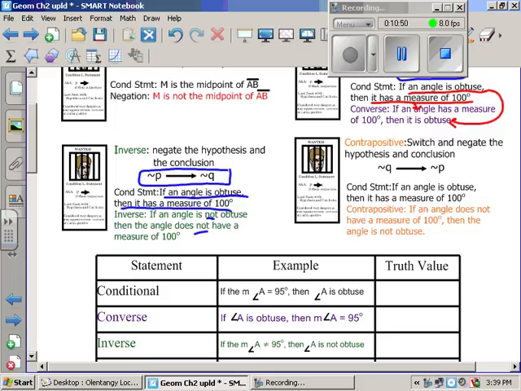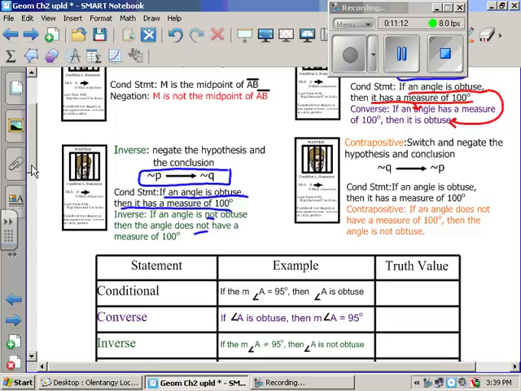Inverse negates your statement. Contrapositive, I know, big word. Take a second, write that down. Contrapositive switches the hypothesis and conclusion and negates them. So it does both. It does the converse and the inverse together.